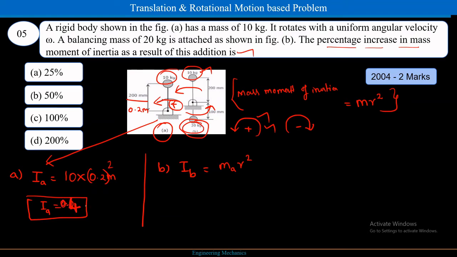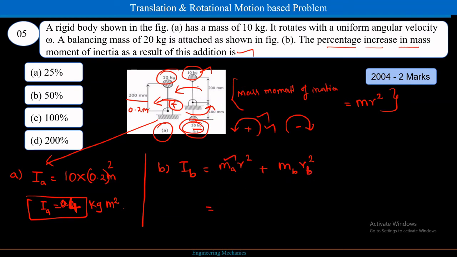The unit for this is kg meter square. Then positive, then I am going to represent this mass as mb into r square, I am taking it as rb square here.